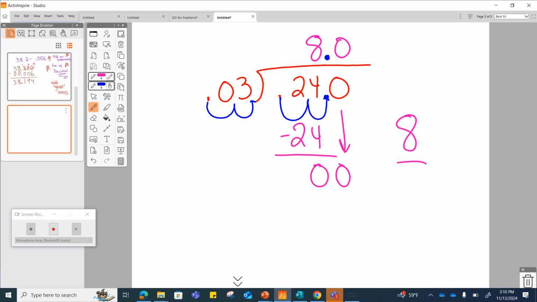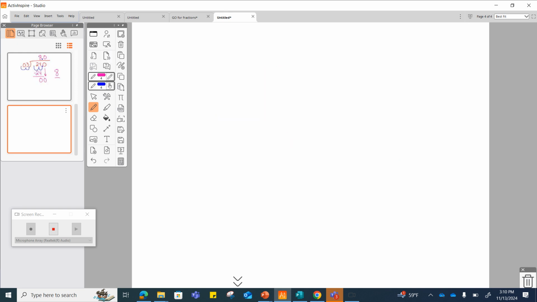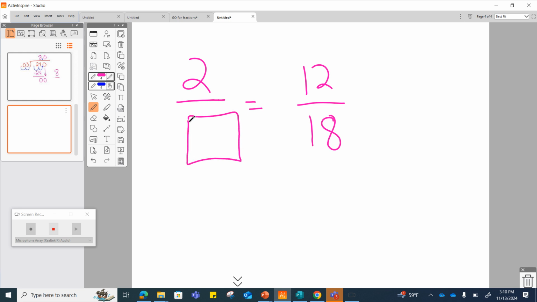Next problem was an equivalent fractions or equivalent ratios problem. 2 over some number. Remember, whatever I do to the top, I do to the bottom. In this case, I am getting from 12 to 2 by dividing by 6.